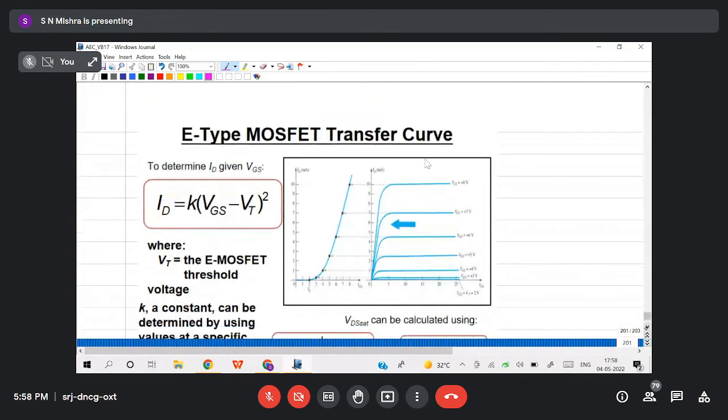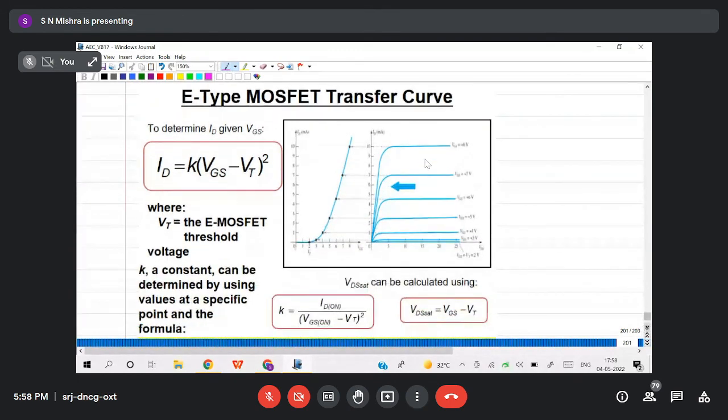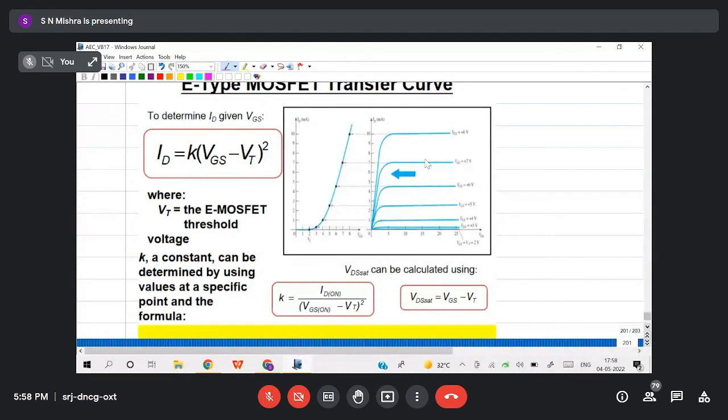And the equation is a little bit different here. You see the equation, ID equals K into (VGS minus VT) whole square. This is a non-linear graph. You see here, this is a non-linear graph. K is a constant. It will be given in the question if it is coming. Otherwise, ID on divided by (VGS on minus VT) whole square, these values will be given, and you have to find K and put it here.